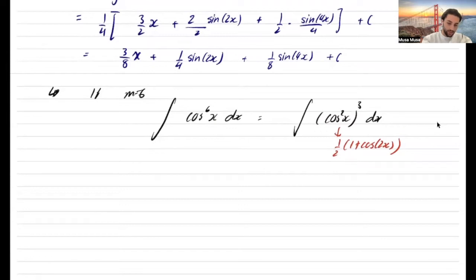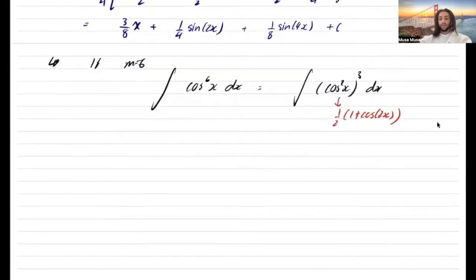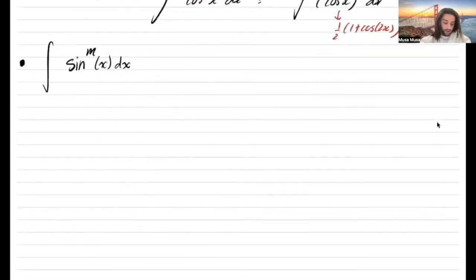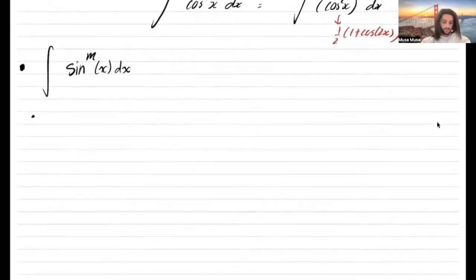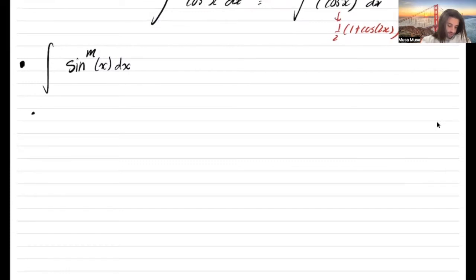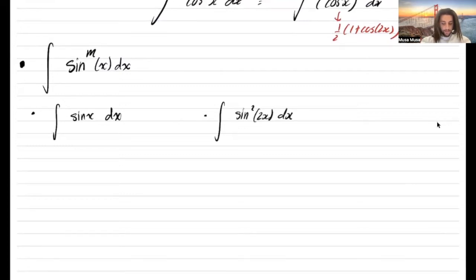Just to evaluate a few of these, I'm only going to go up to the integral of sine x dx, the integral of sine squared. Just to make it a bit spicy, I'm going to put a 2x there.